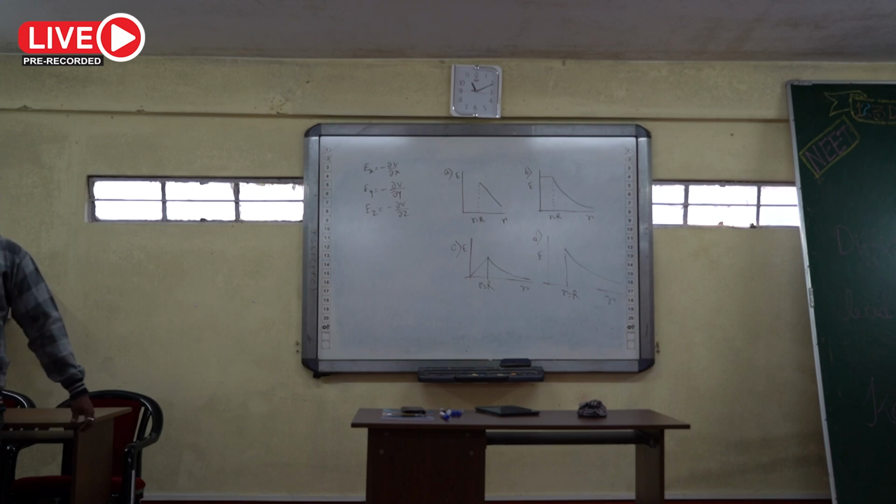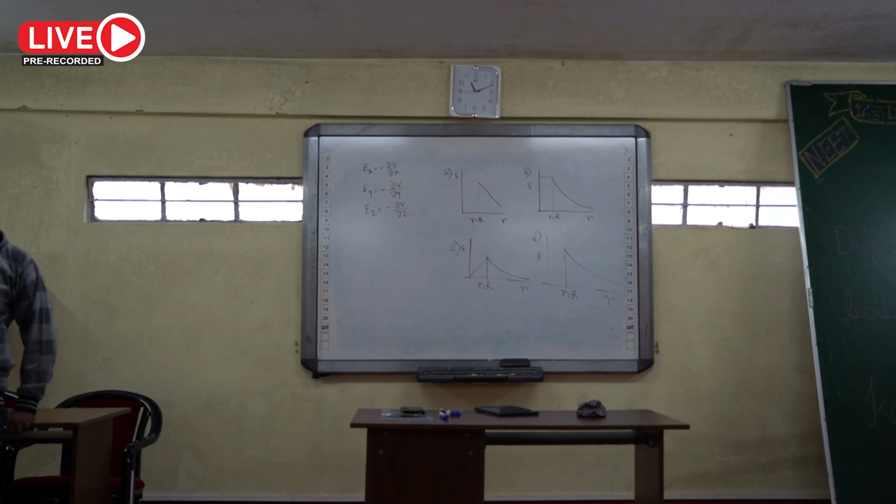No, option D is correct. See, it is mentioned that the sphere is conducting or non-conducting? Conducting. Means inside the sphere no charge can stay. All the charges will come to the surface. So inside a conducting sphere, field is always 0. And outside it varies with inverse square. So only option D is correct.